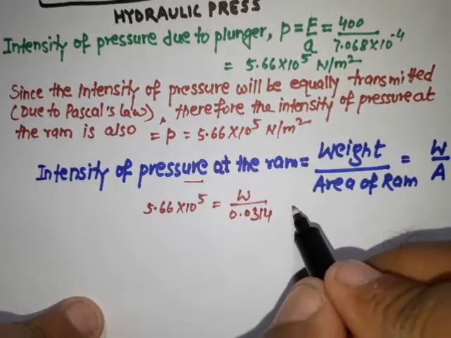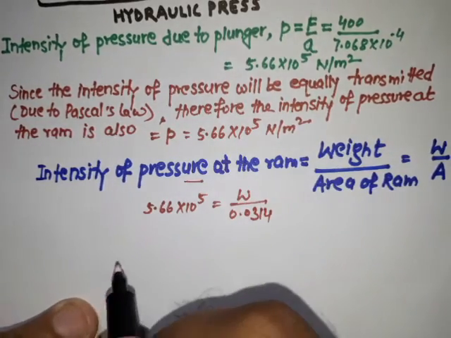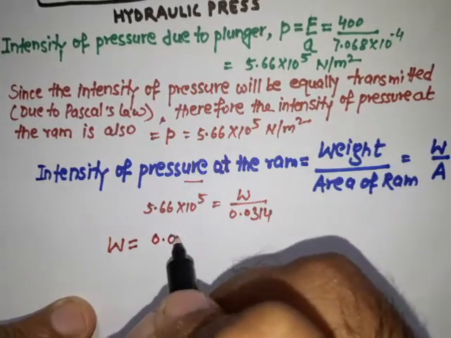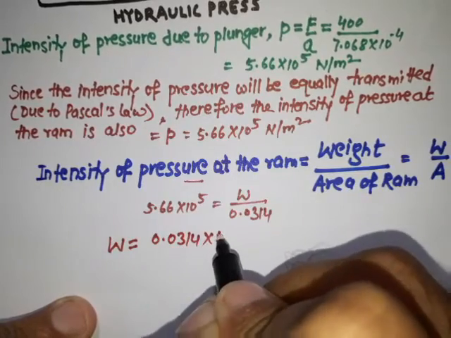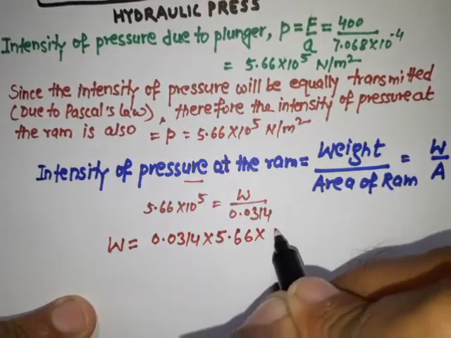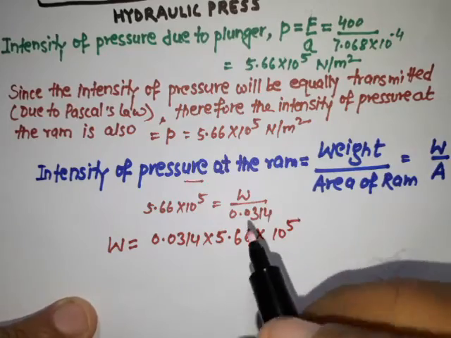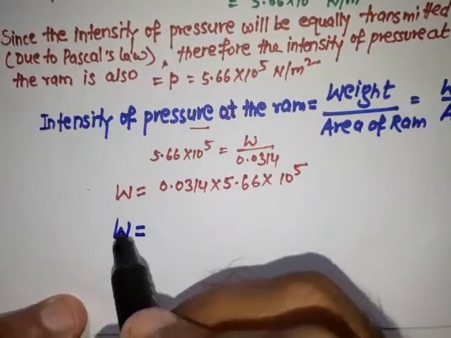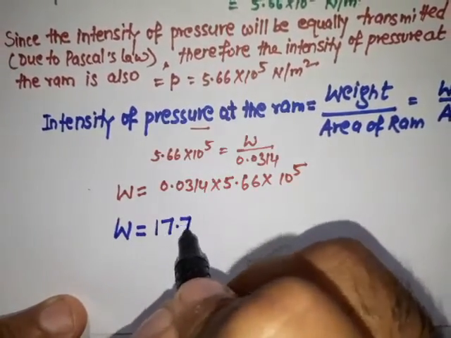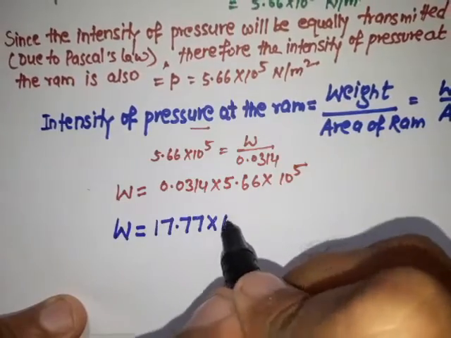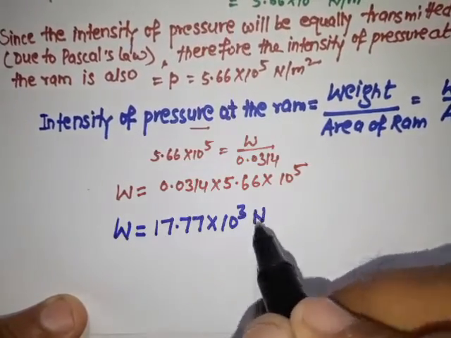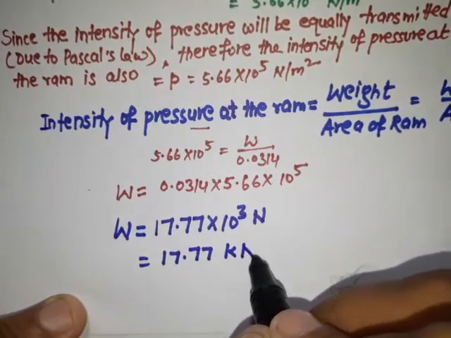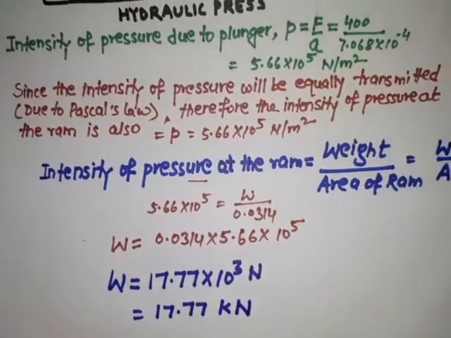So from here W is equal to 0.0314 into 5.66 into 10 raised to power 5. So finally W is equal to 17.77 into 10 raised to power 3 Newton, or we can say that is 17.77 kilo Newton. This is the weight that is lifted by the hydraulic press.